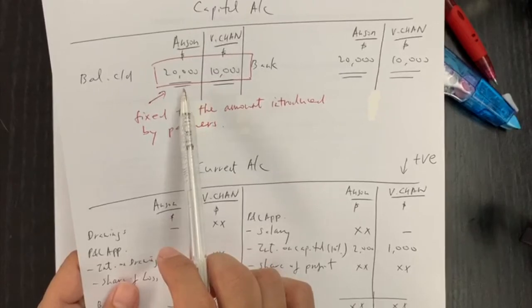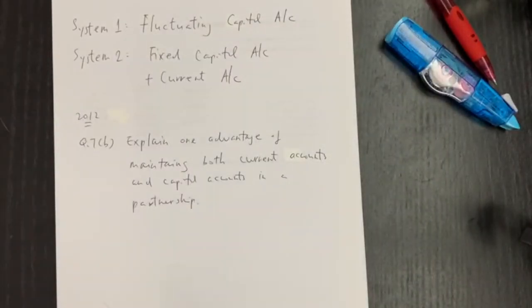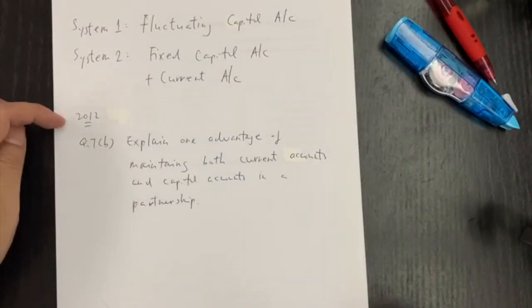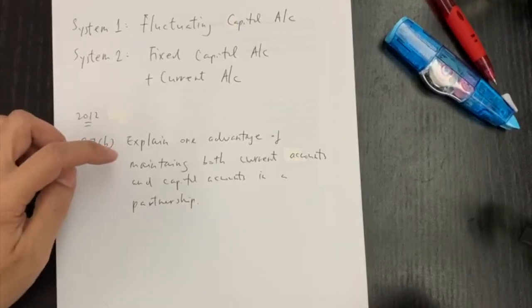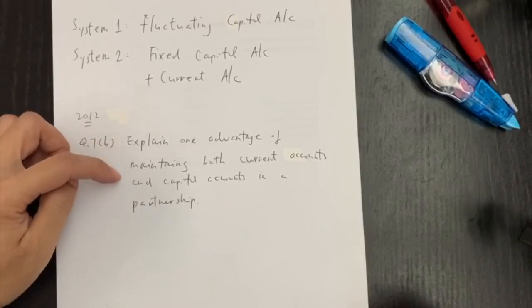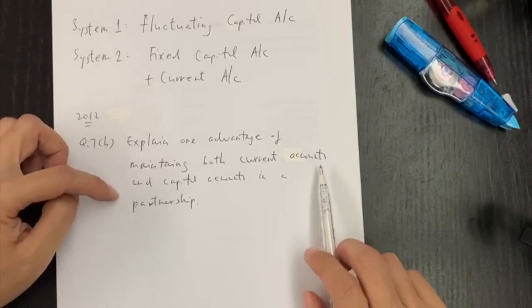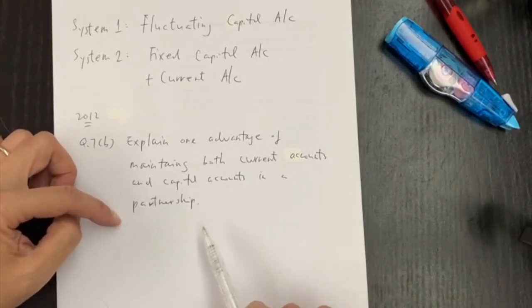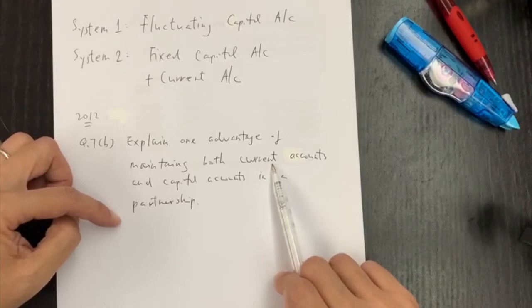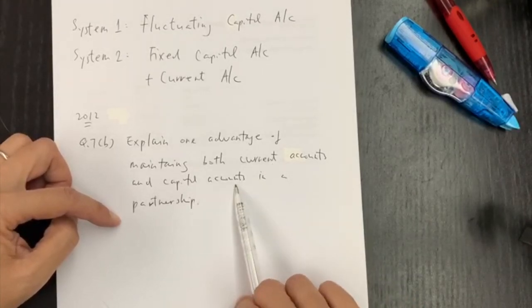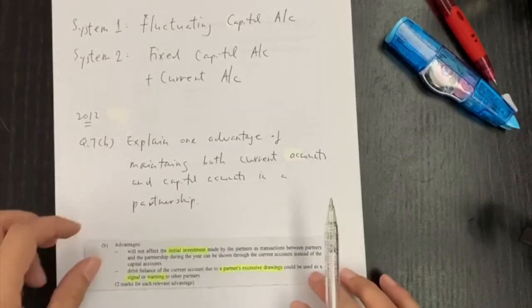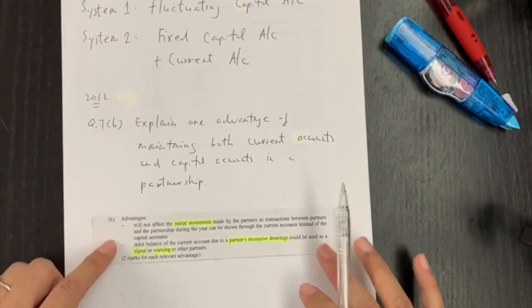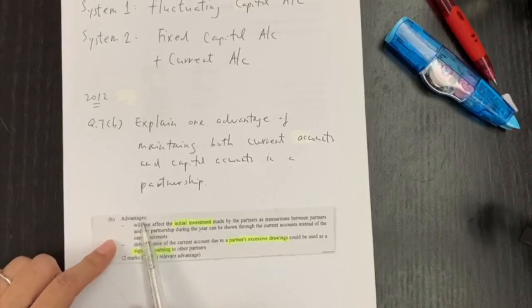So you have this related DSE question in 2012, question number 7B, saying, explain one advantage of maintaining both current accounts and capital accounts in a partnership. Whenever you have current accounts, that means the capital accounts must be fixed, which is system 2. So the answer is here: the advantages of system 2.